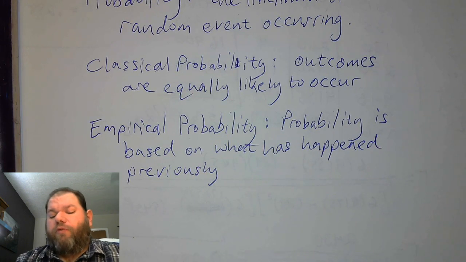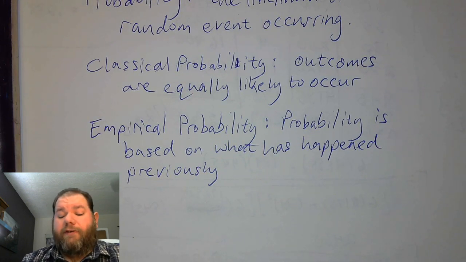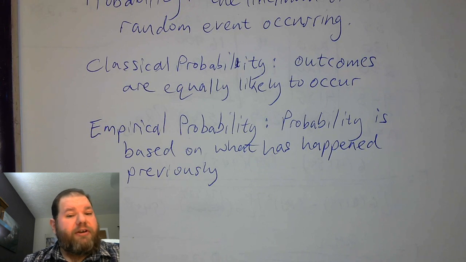And this is what we see in a lot of sports statistics. It's all based on empirical probability. The rate at which a basketball player shoots a free throw successfully, the rate at which a baseball player successfully reaches base every at bat, that kind of thing. So those are all considered empirical because that average that we get is a reflection of what has happened either in the short past or maybe their entire playing history.